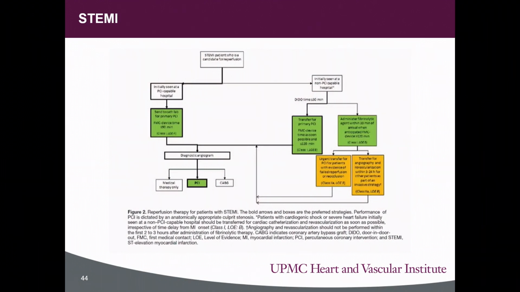Otherwise, if the patient cannot get there in a reasonable amount of time, with an anticipated arrival time to the device greater than 120 minutes, you want to perform thrombolysis and administer a fibrinolytic agent. And then afterwards, urgent transfer for PCI for patients with evidence of failed reperfusion is a 2A indication. Or you want to transfer for angiography and revascularization afterwards if it's part of an invasive strategy.